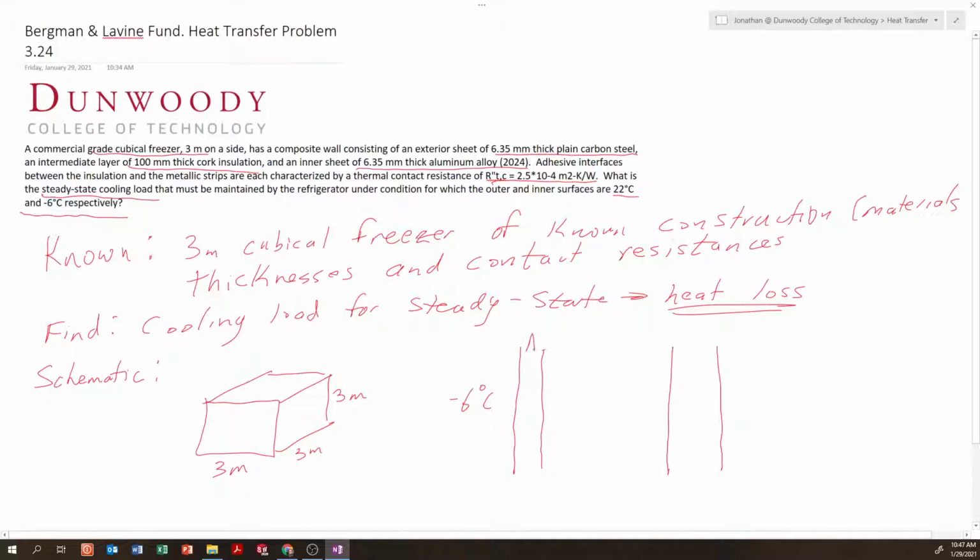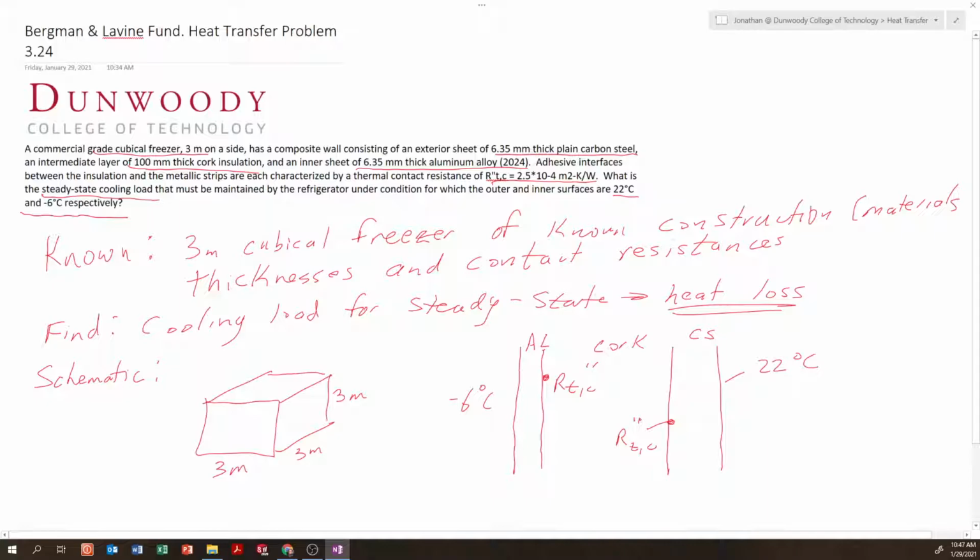We have some aluminum here, cork, and then carbon steel. On the outside, we're at 22°C. So as we look at that, we have this system going on. We also have some contact resistance in here. And remember, those are based on the flux, not on the heat rate. So that's why I've got the double prime on those.